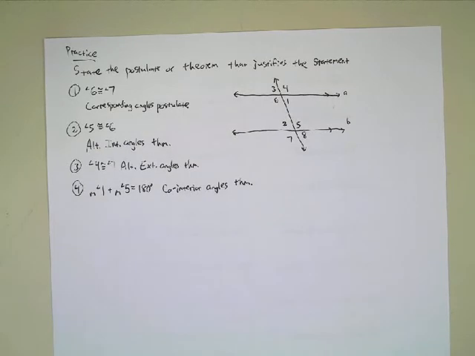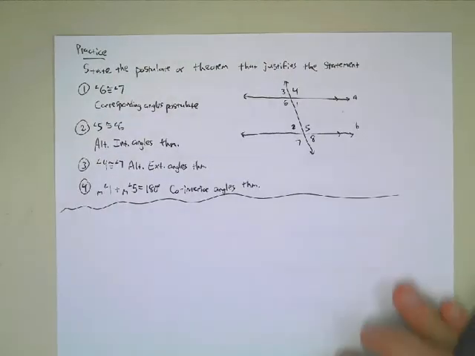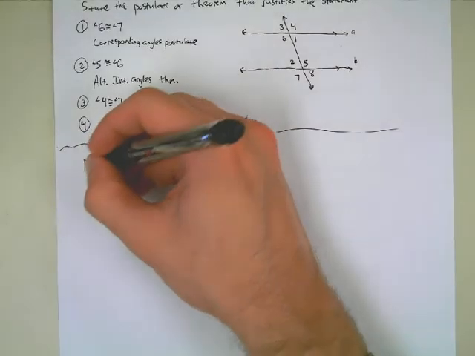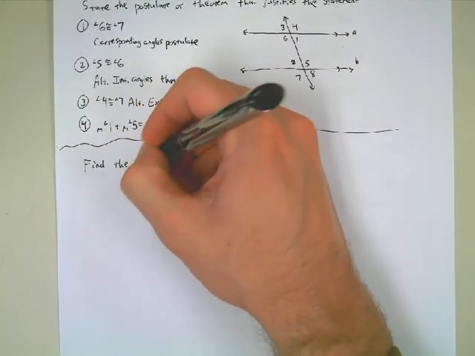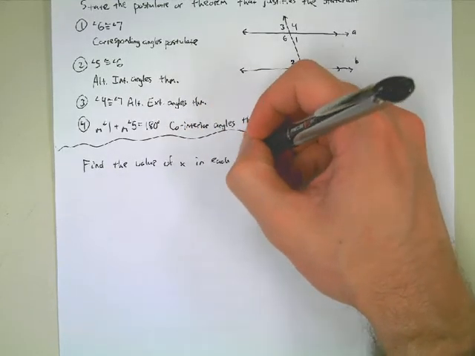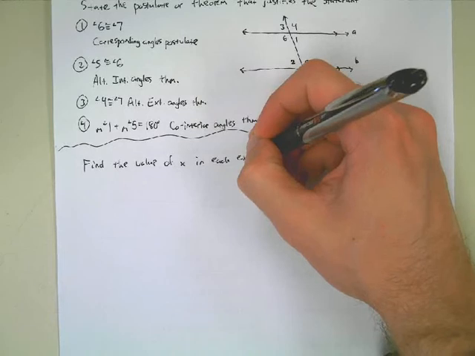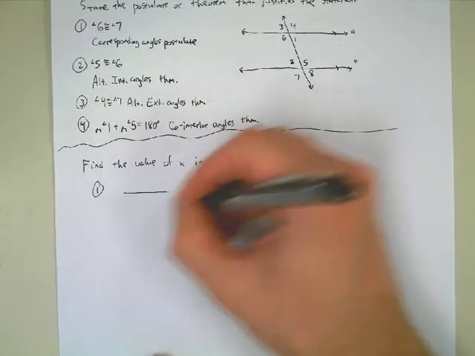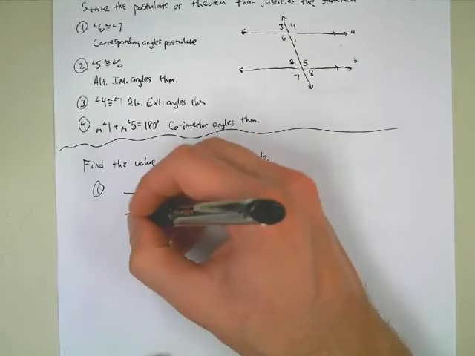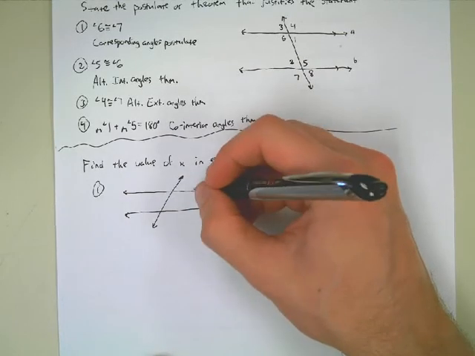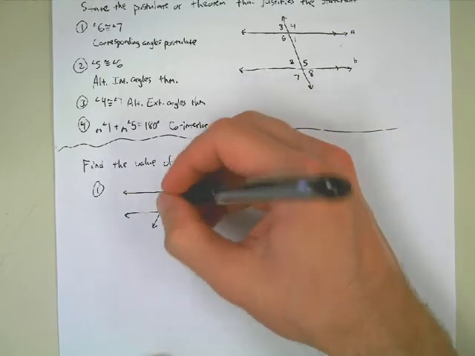All right, so of course, along with that, we have some algebra we can do with these things too. So for example here, let's say we're going to find the value of x in each example. Okay, so let's see here. We'll have these two parallel lines drawn here, and I'll label this angle.